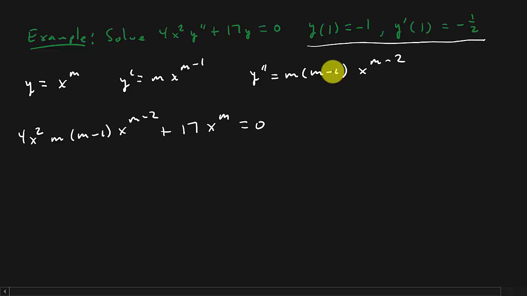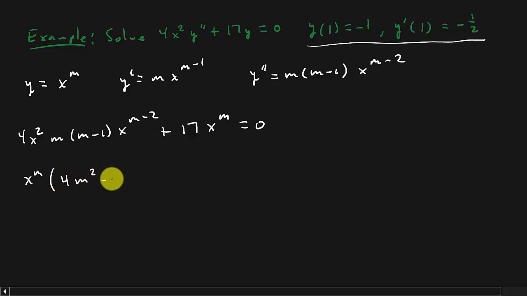All right, so now let's factor out an x to the m. And then remember the x squared times x to the negative 2, that goes to 1. So I'm left with 4m squared minus 4m plus 17 equals 0.